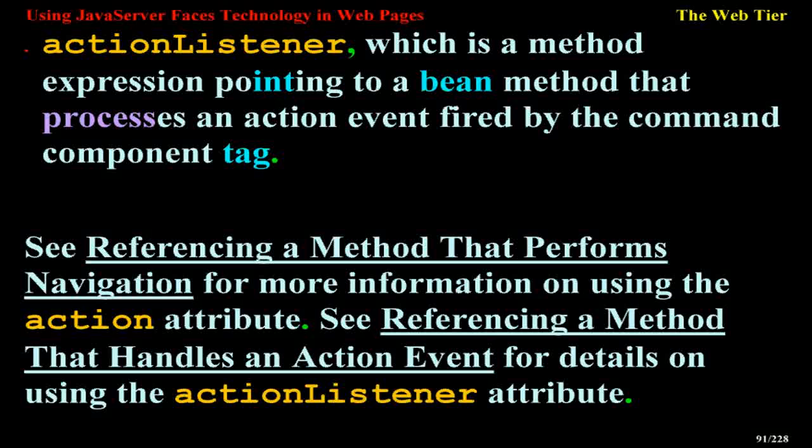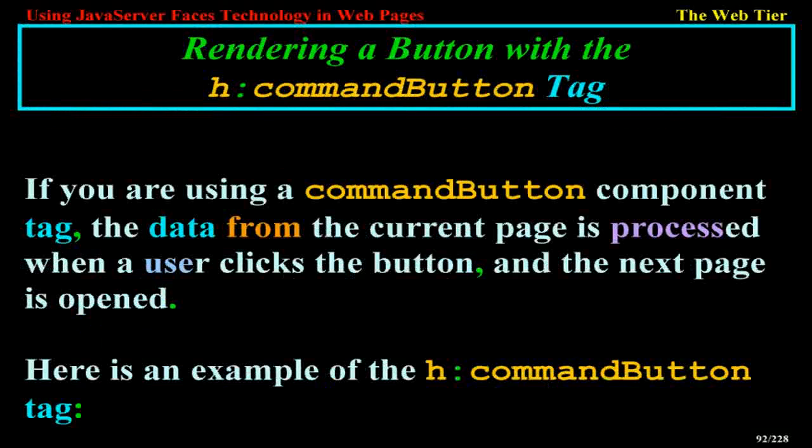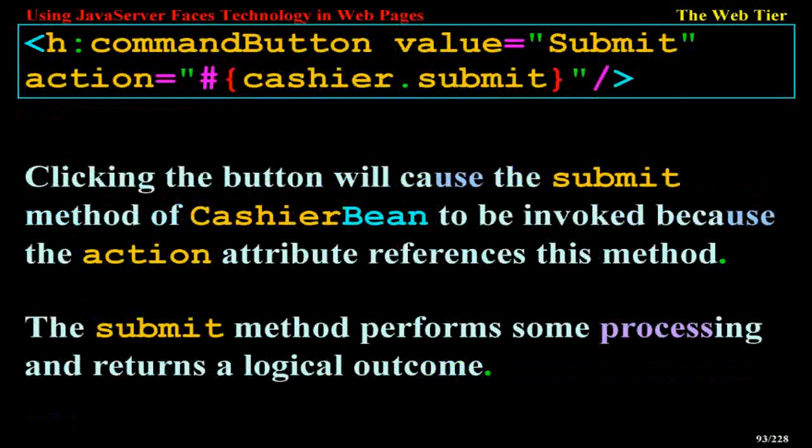Rendering a button with the h:commandButton tag. If you are using a command button component tag, the data from the current page is processed when a user clicks the button, and the next page is opened. Here is an example of the h:commandButton tag: h:commandButton value="Submit" action="#{cashier.submit}".